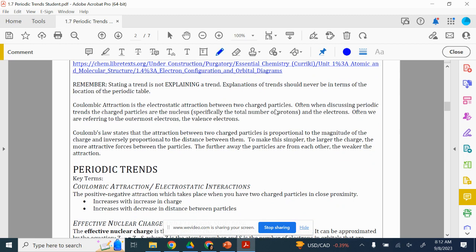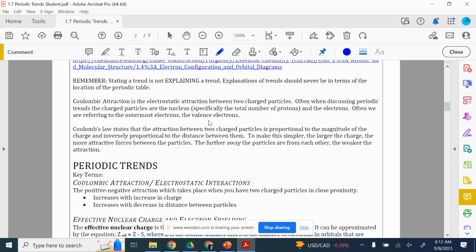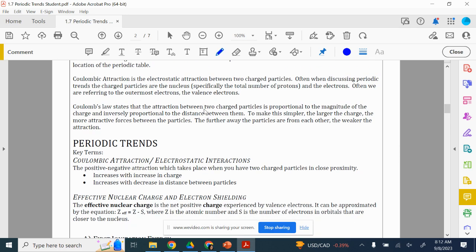When discussing periodic trends, talk about the charged nucleus, and you're talking about specific numbers of protons and specific numbers of electrons. It's those valence electrons that you're concerned about, those outer electrons in the outer s and p. Coulomb's law states that the attraction between two particles is proportional to the magnitude.